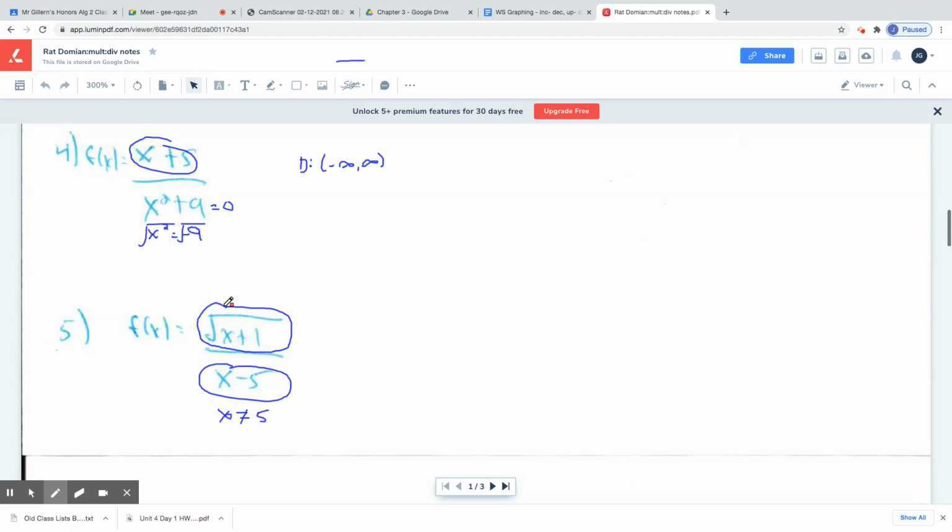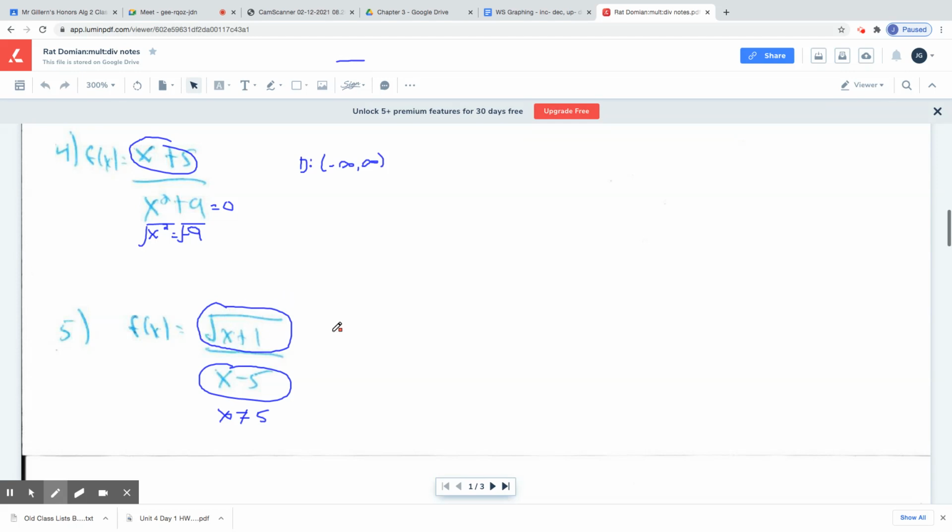The restriction on a radical is that you can't have a negative under the radical, right? You cannot have a negative number. If I have a negative number there, that means it's going to be imaginary. I don't want an imaginary number. So we actually have to deal with two things here.